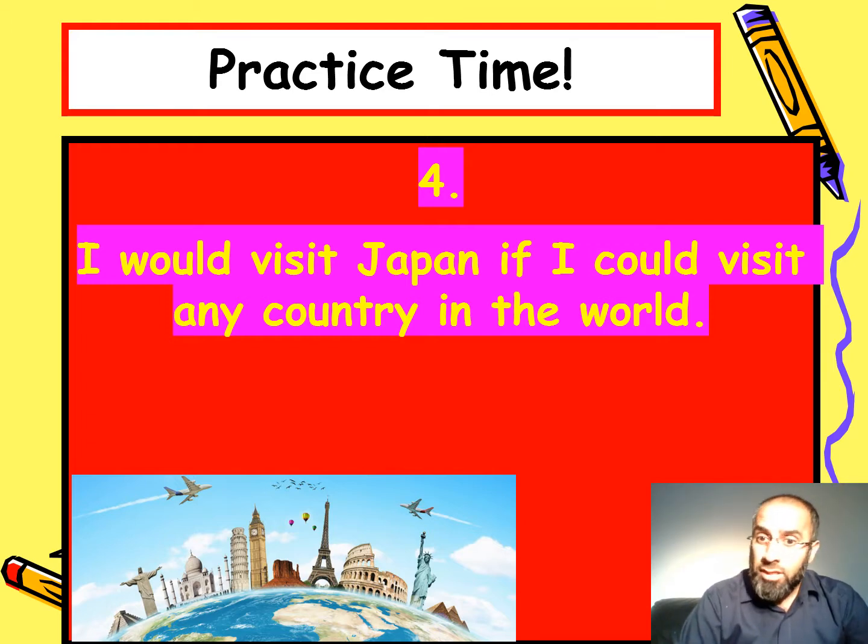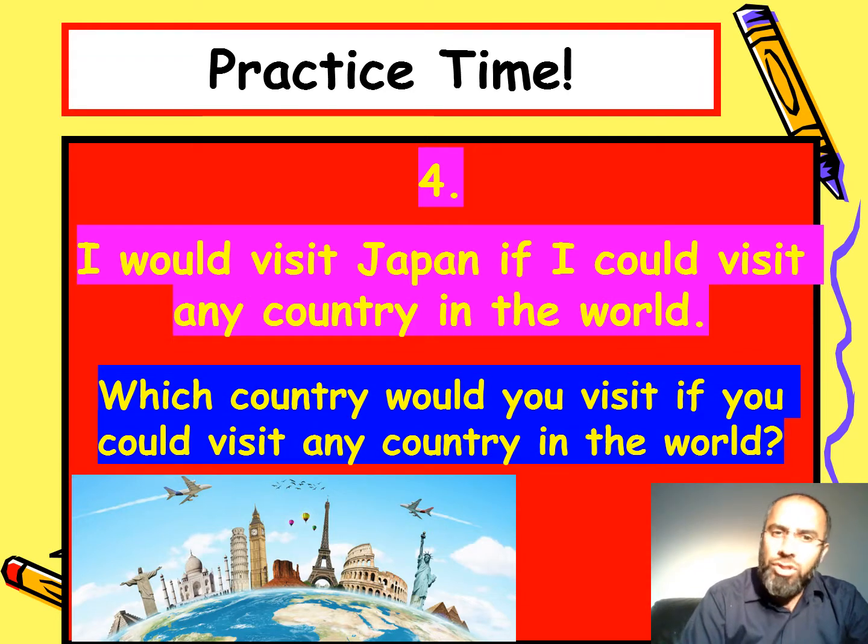You can also swap these two clauses: if I could visit any country in the world, comma, I would visit Japan. What about you? Which country would you visit if you could visit any country in the world?